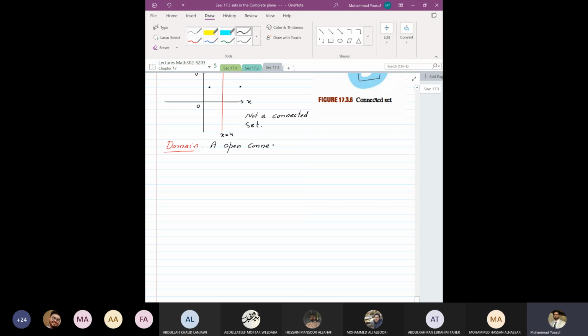A region is a domain with all, some, or none of its boundary points.